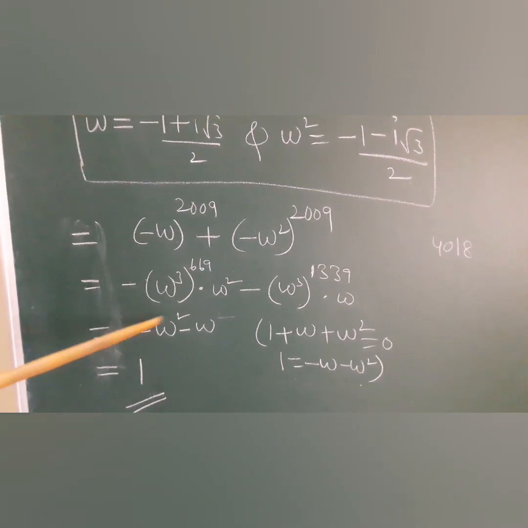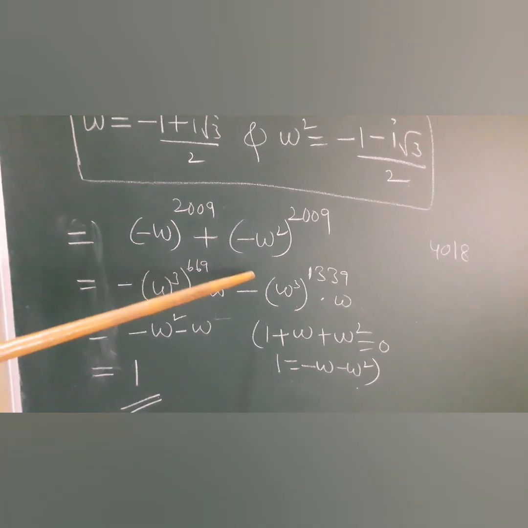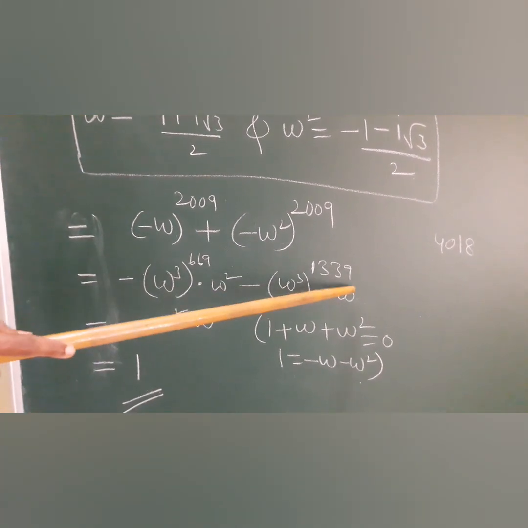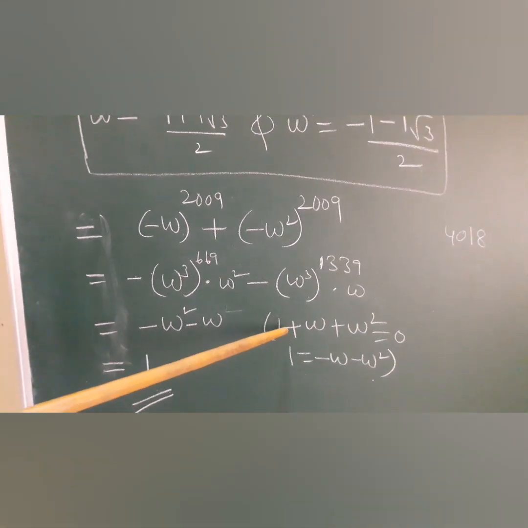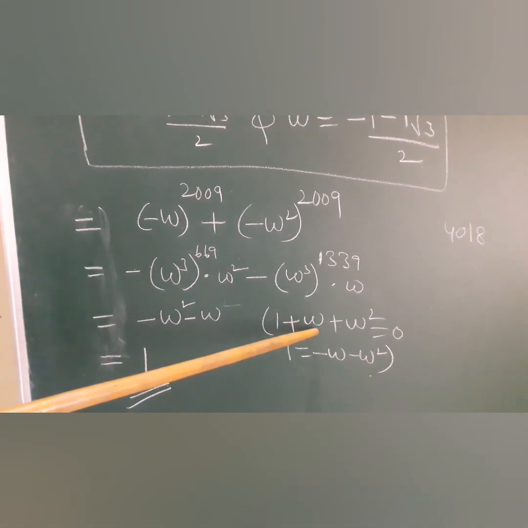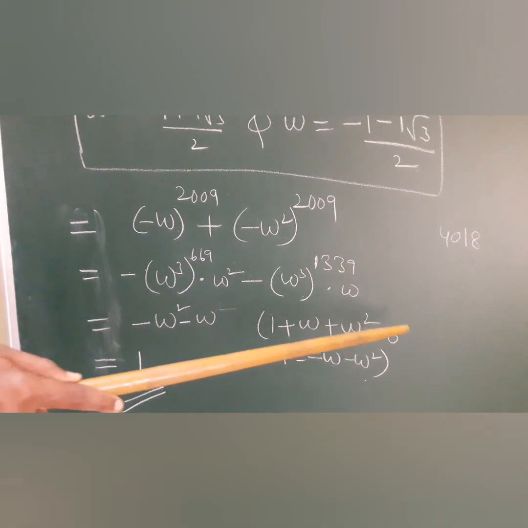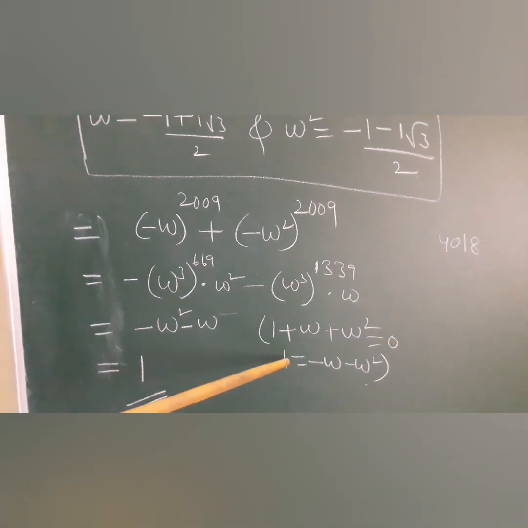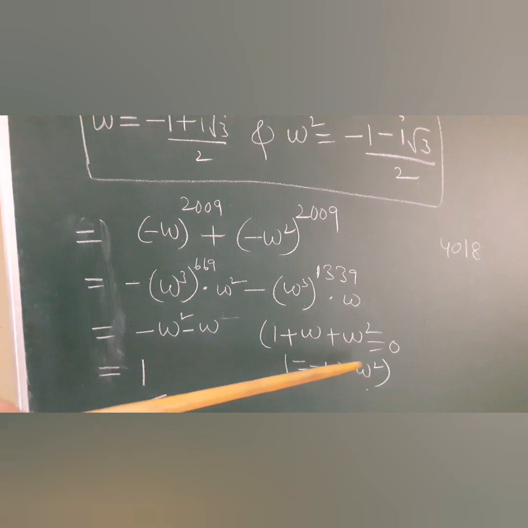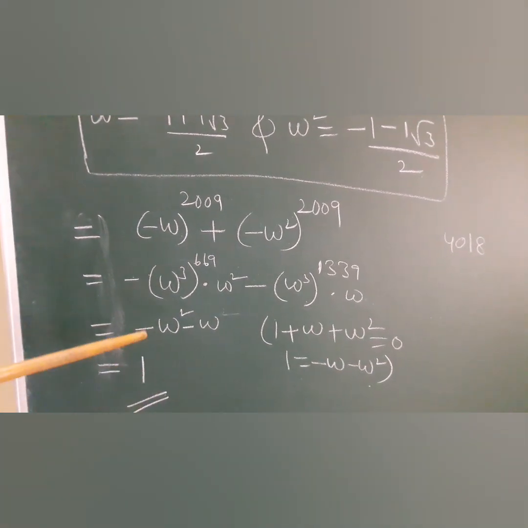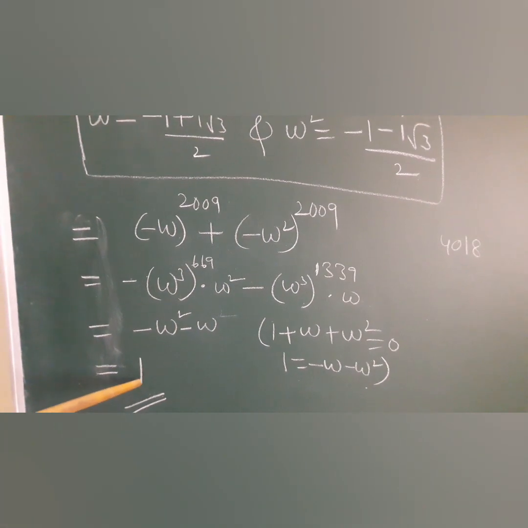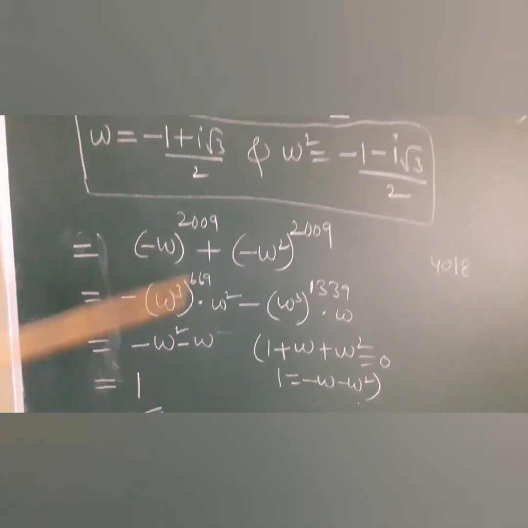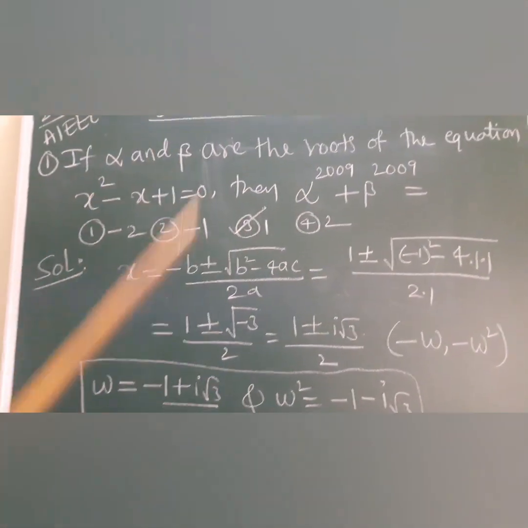So minus omega square minus omega. From the formula 1 plus omega plus omega square is equal to 0, we get 1 is equal to minus omega minus omega square. So that minus omega square minus omega is equal to 1, which is the required option 3.